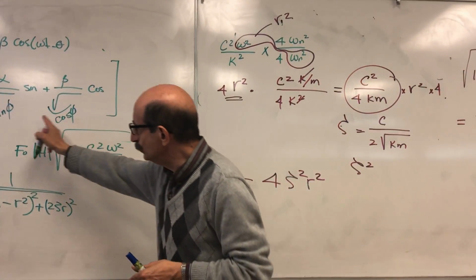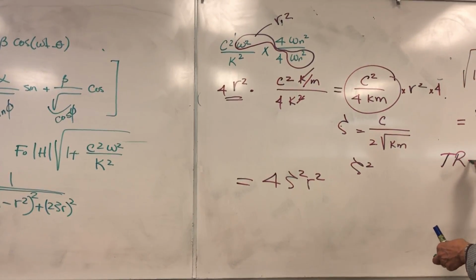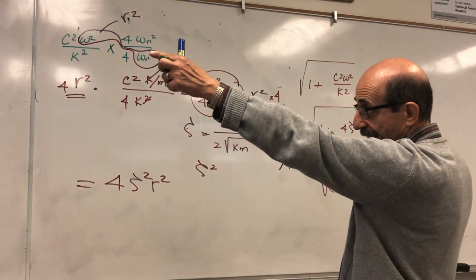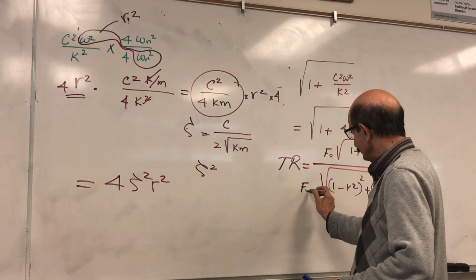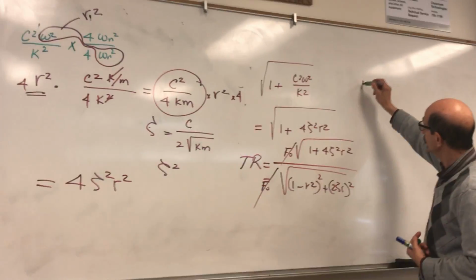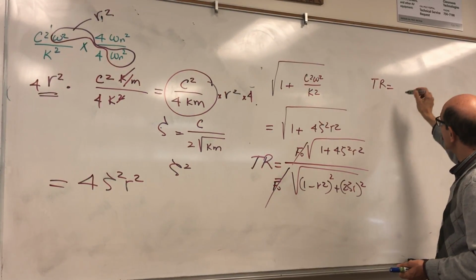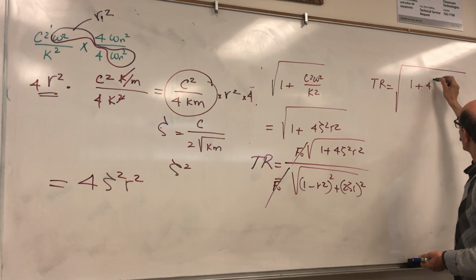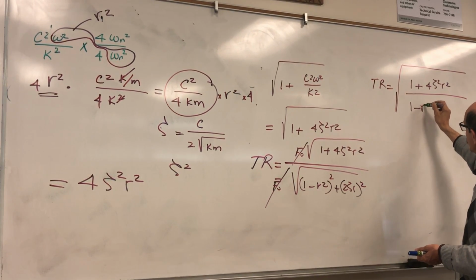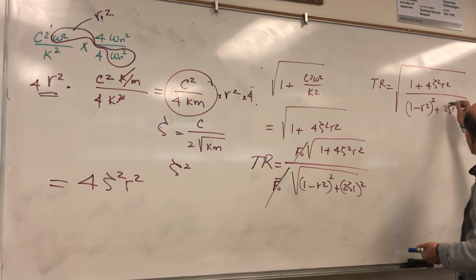So now, if you divide this maximum Ft, which is F0 times that expression, by the maximum input force, which is just F0, these two cancel out, therefore the transmissibility ratio becomes the square root of 1 plus 4 zeta squared r squared divided by the square root of 1 minus r squared squared plus 2 zeta r squared.